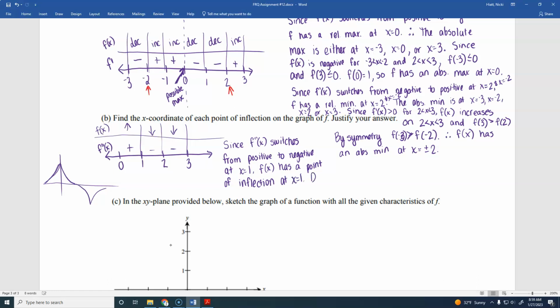And I'm just going to do this due to the symmetry of an even function, f of x also has a point of inflection at x equals negative 1.